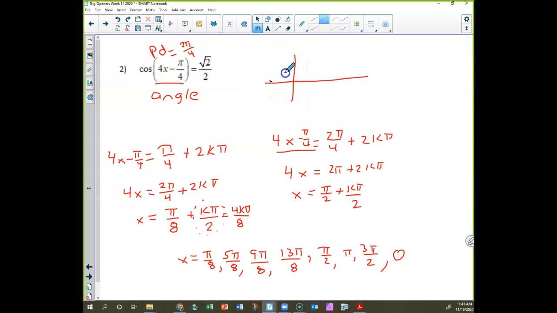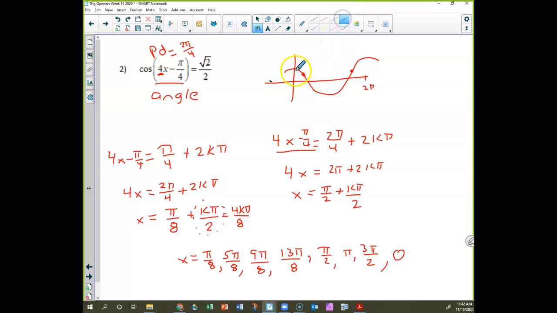All right, so here's my little cosine curve. And I'm going to draw one period out to 2 pi units. Now, I'm not going to act like I know exactly where root 2 over 2 is. But I know it's a positive y value. Cosine equal to root 2 over 2 would have had 2 solutions. What does that 4 do to my graph?